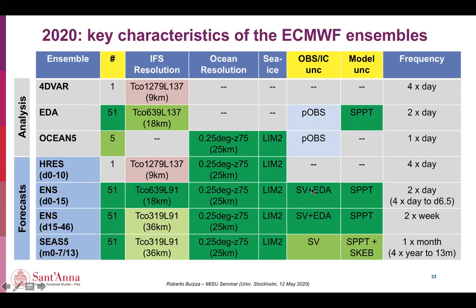They simulate the initial uncertainties using a combination of singular vectors and EDA-based perturbations that are sensitive to observation errors, and model uncertainty schemes. I mentioned the 2, SPPT and SKEB.